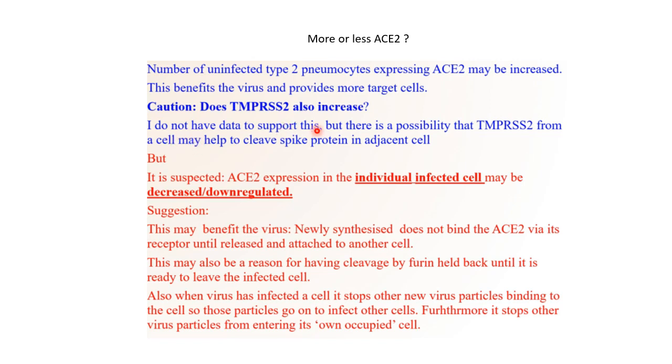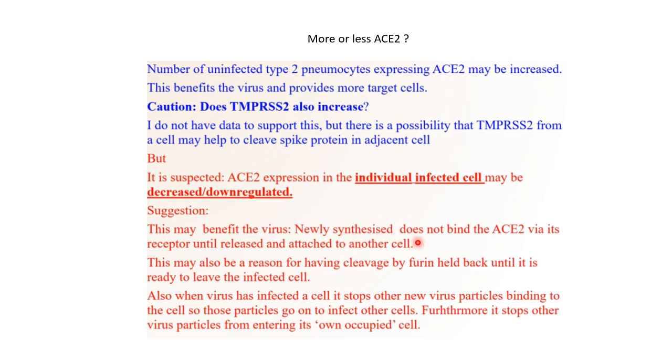I do not have data to support this, but there is a possibility that TMPRSS2 from a cell may help to cleave spike protein in an adjacent cell. But it is suspected ACE2 expression in the individual infected cell may be decreased or downregulated. Further suggestion: this may benefit the virus.